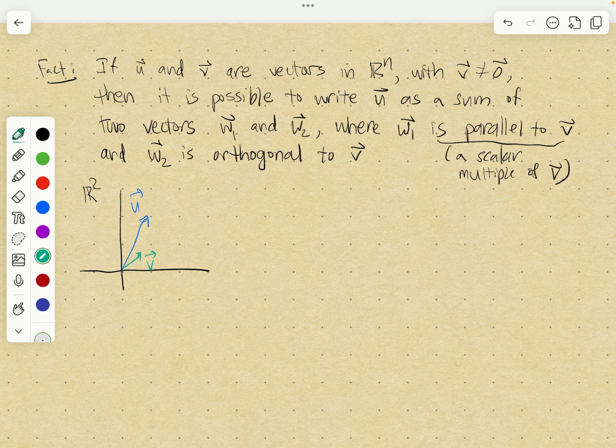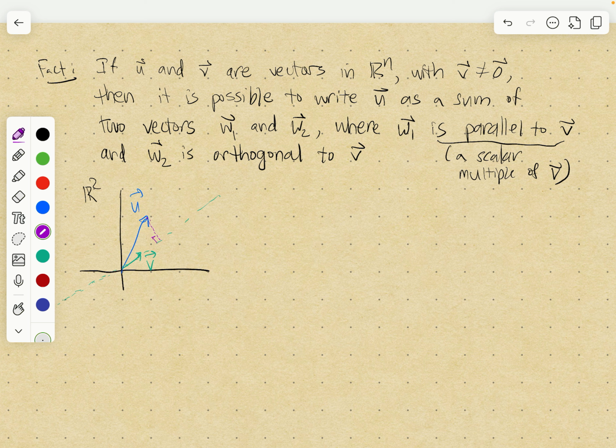So what's going on is, if you look at this line that is spanned by v, there is a scalar multiple of v, and what you can do is you can take u and then drop a perpendicular onto this line.